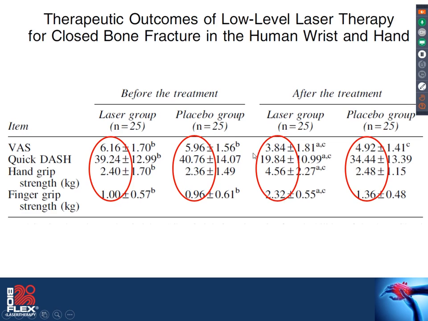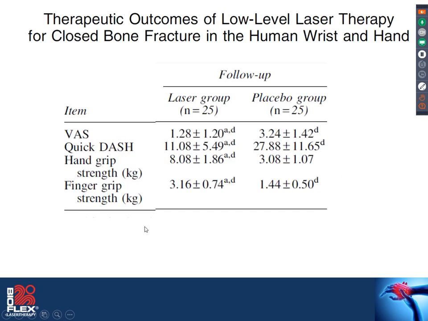So, a typical placebo reaction, but not as significant. The DASH went from a 40 to a 34. So again, not an overly significant improvement. Well, I mean, improvement, but not overly significant compared to laser. Hand grip and finger grip also showed very slight improvement. So it was obvious that laser therapy was helping.